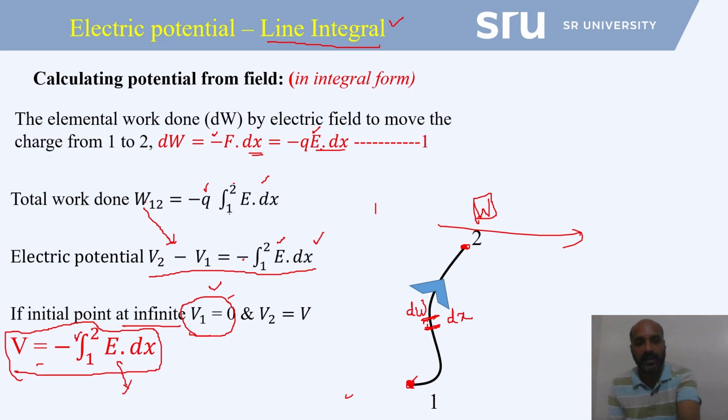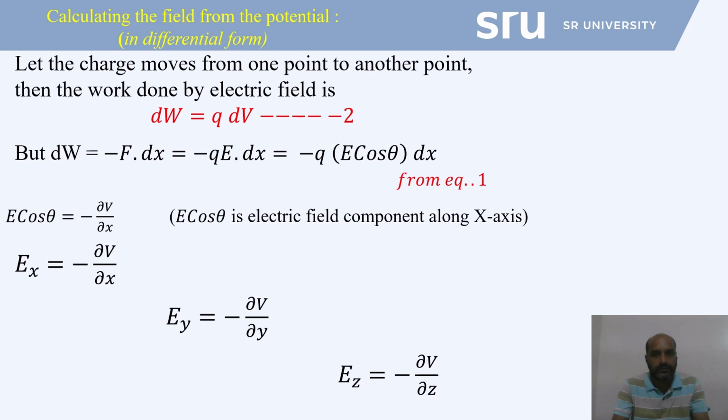Now we'll write the relation between electric field intensity and electric potential in differential form. From the definition of potential, this equation came from potential is the work done to bring unit charge within the electric field.